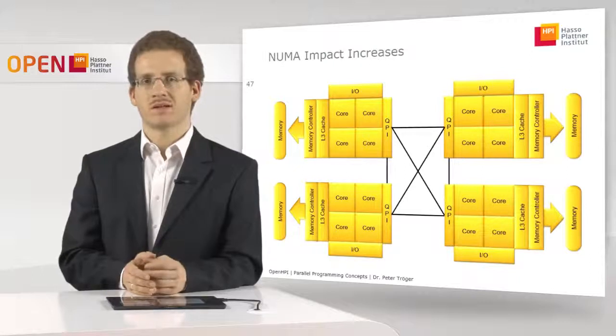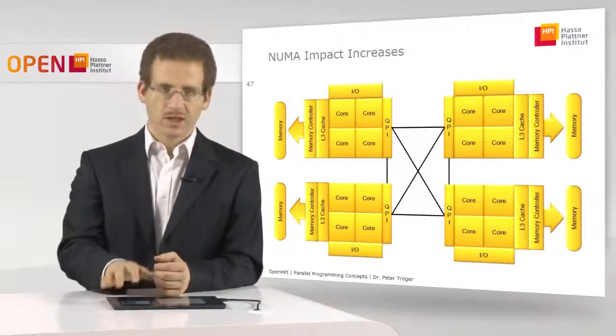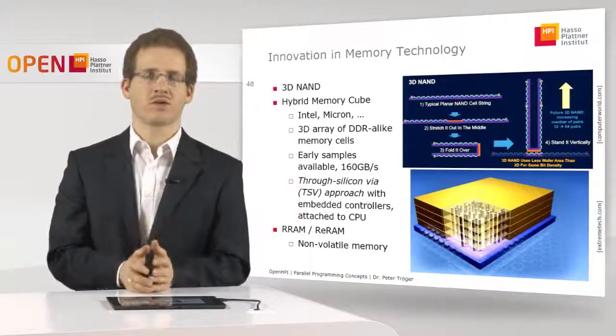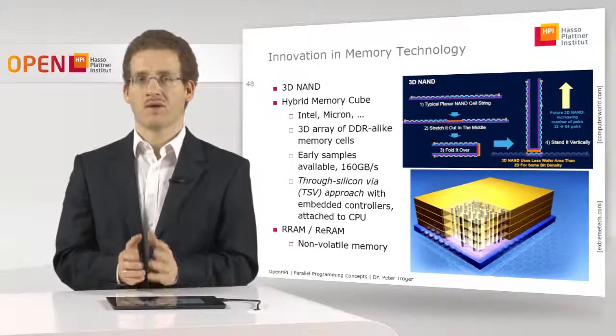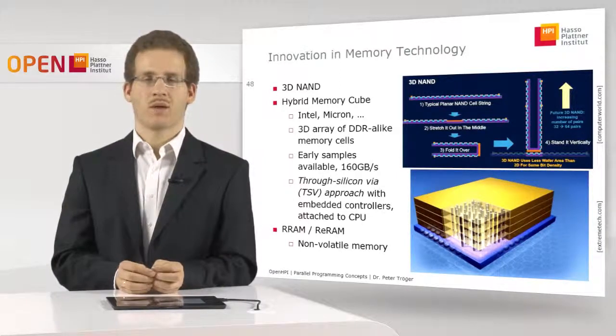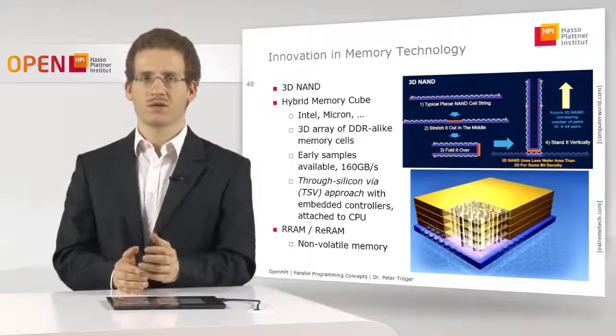Maybe there is a need for better hardware in terms of memory technology. This is actively going on and is now, at the beginning of 2014, a very relevant fresh topic. We have a lot of innovation in memory technology going on now.